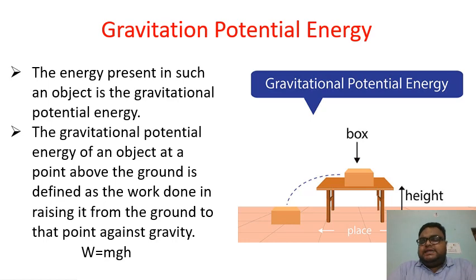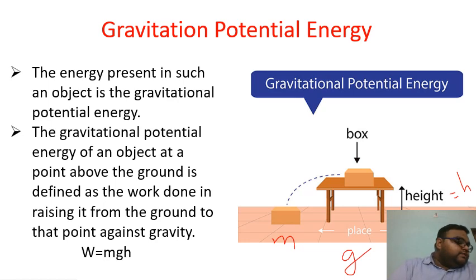Now let's derive the equation for gravitational potential energy. Let's assume that this box has mass m, and this height is equal to h. The acceleration due to gravity, we all know, is g. To do this work, we require force.